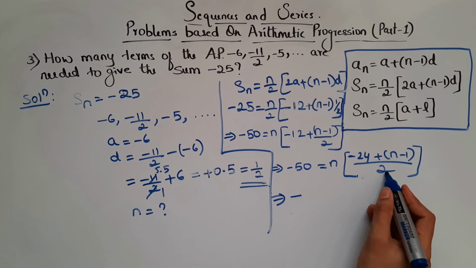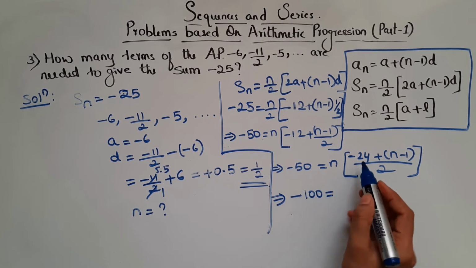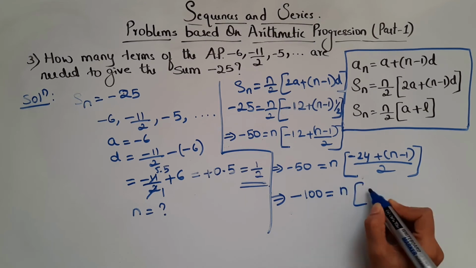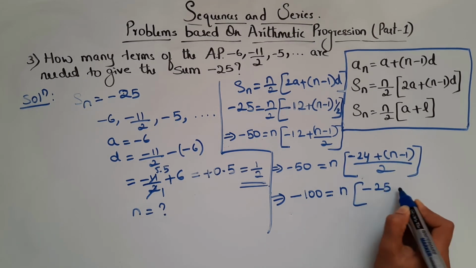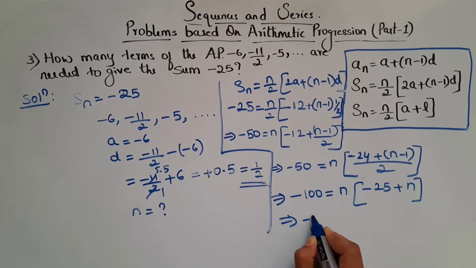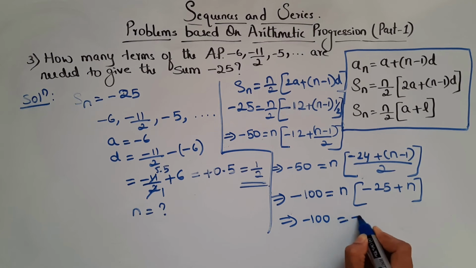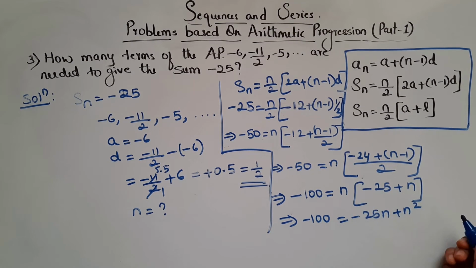So that will be minus 50 into 2, minus 100, which is equal to n into minus 24 minus 1, that will give you minus 25 plus n, right? So this implies minus 100 is equal to minus 25n plus n into n, which is n square.